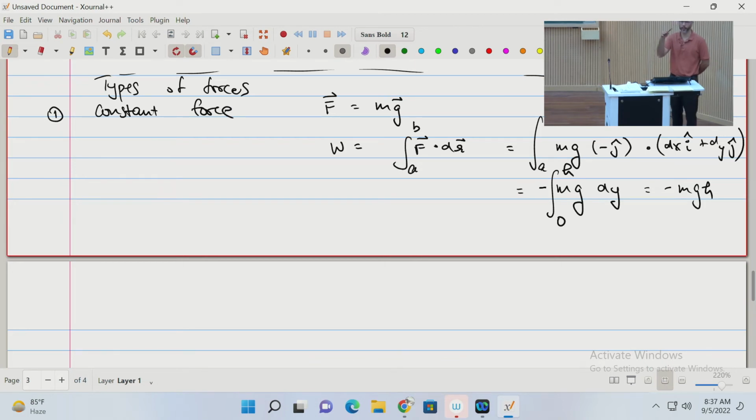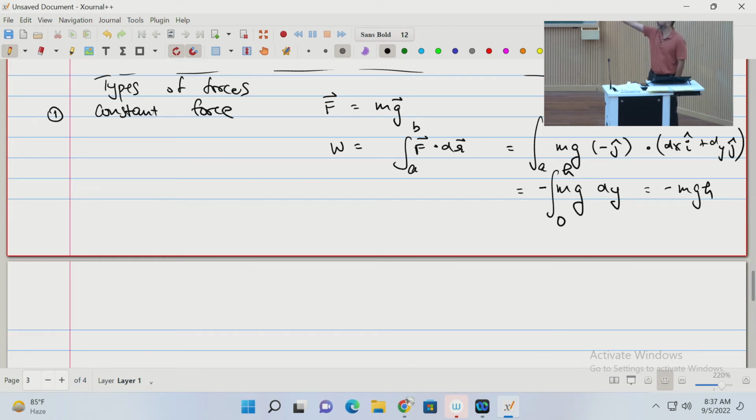So when I integrate over a certain path, what I am saying is that there is a constraint. If you give me a certain change in y, then the certain change in x is dependent on that. That's what a path means. If it was a completely independent, a completely arbitrary motion, then dx and dy will have no relation. But if you move in a path, then your dy and dx will be related.